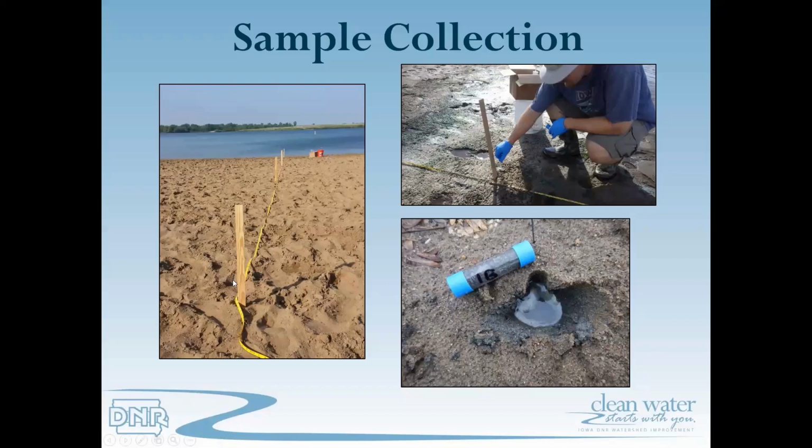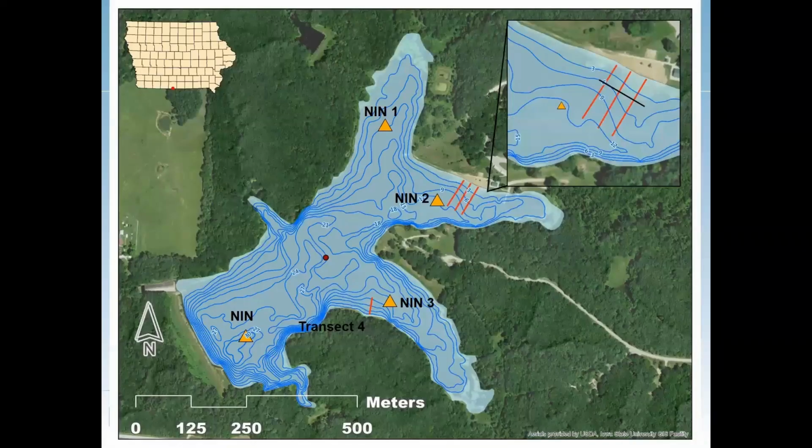We then also looked at the broader, open lake environment, taking samples from areas where we might have water coming in from various inlets, samples at the compliance point, or oftentimes the deepest part of the lake, and also established a transect that mimics the spacing and collection methodology that we use at the beach on a different shoreline of the lake that is more representative of the broader lake condition versus what we see at the beach.